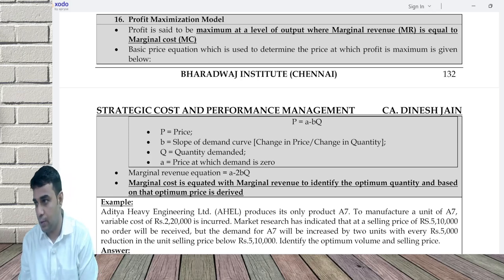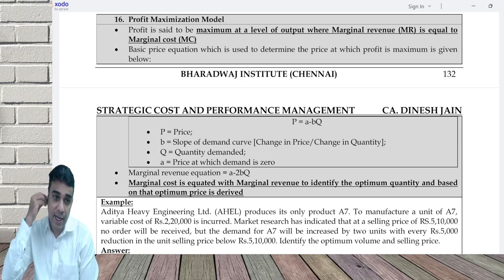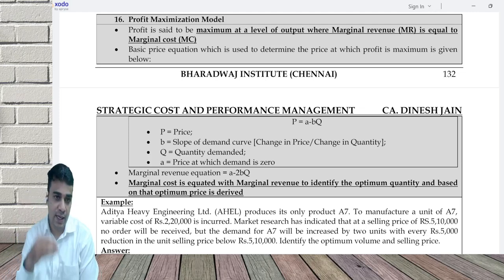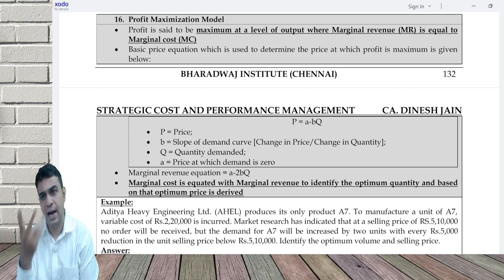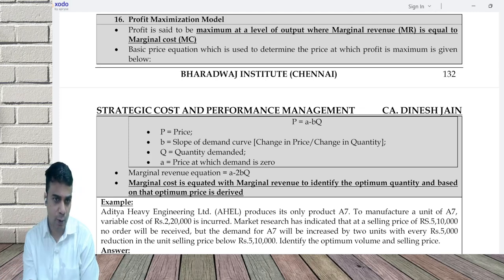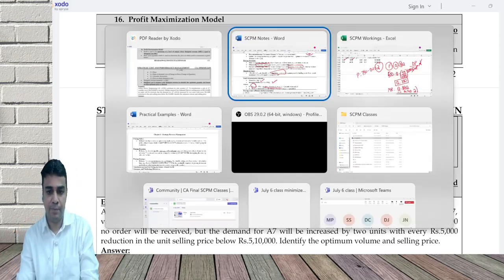B is also given in the question. What is the formula for B? Change in price by change in quantity. I'll directly form a price equation, MR equation, MC equation, equate, get the Q, substitute in P, get the optimum price. Let's start doing this.